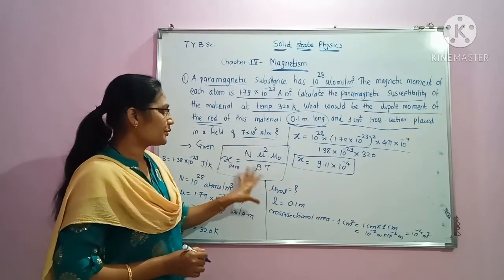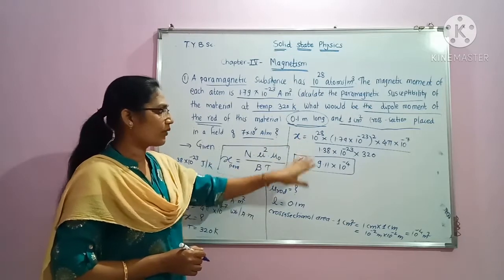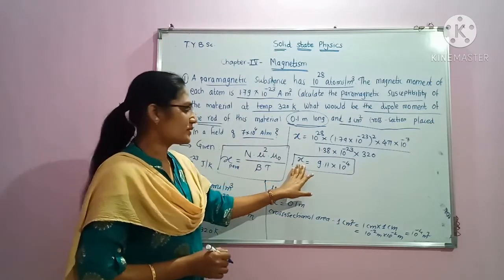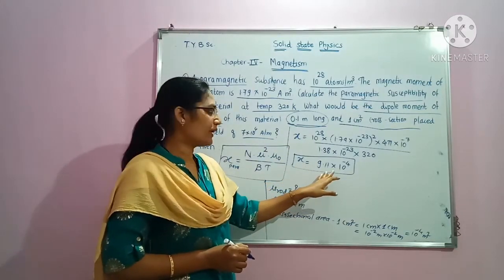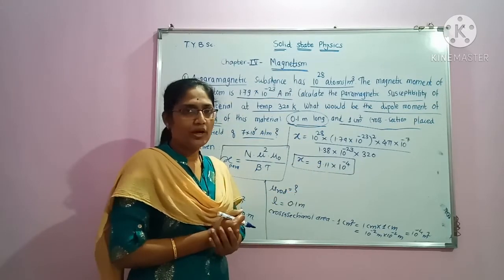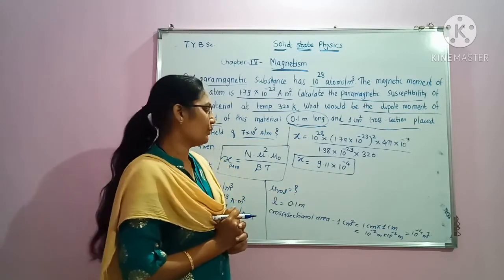So we have substituted these values and calculated the value of susceptibility as 9.11 into 10 raised to minus 4. It will not have any unit.